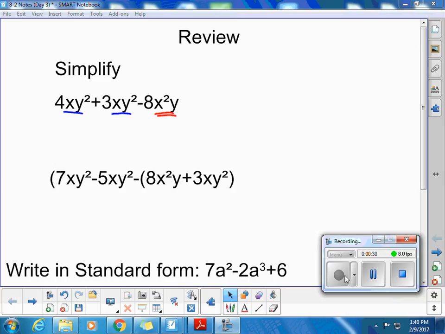So I can combine the two that have the exact same powers raised to exponents. So I have 4xy squareds, and I'm adding 3 more xy squareds. So I have 4 plus 3, 7xy squareds minus 8x squared y's. Those do not combine in any way when it's addition or subtraction, so that is all I would have for that.